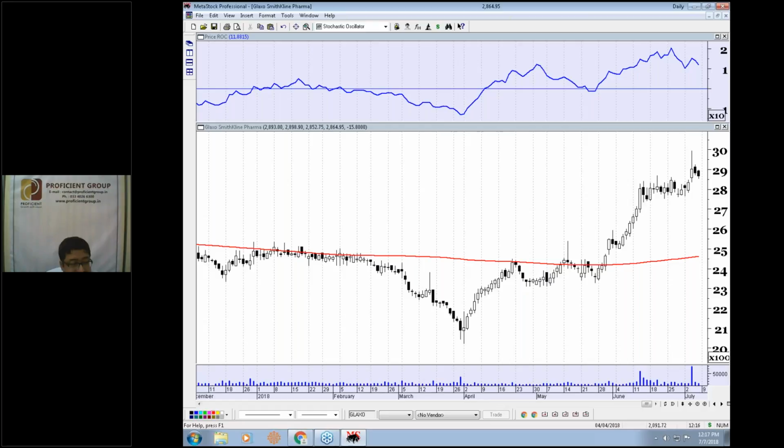But GlaxoSmithKline is outperforming all these major pharma stocks, and one has to keep a close eye on this. It made a low at around 2770, and from that low, it broke out this week. And there is a high probability that this pharma stock will continue to progress higher, and one can keep a buy position with the stop loss at 2770.